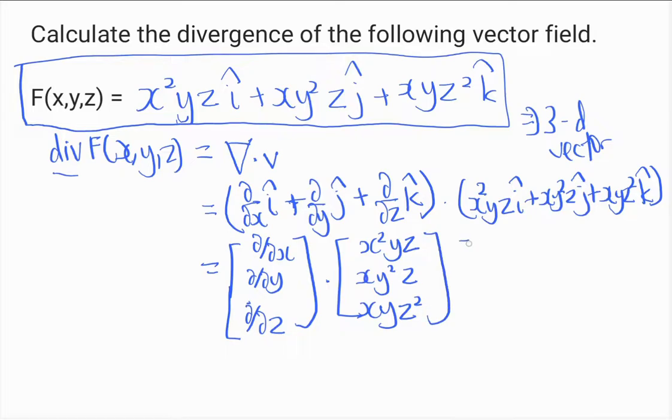So this is your I component, the J component and the K component. The same for this, the I, J, K.